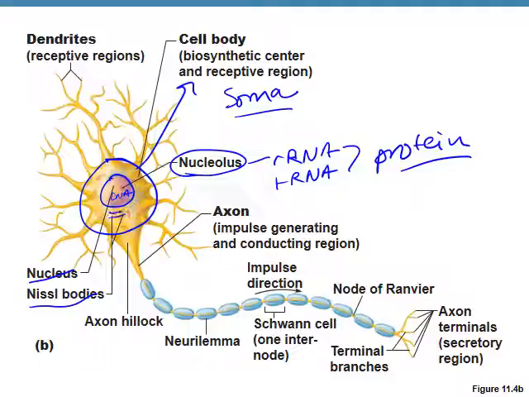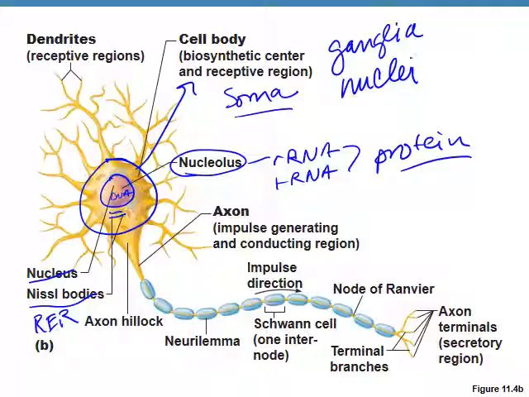The Nissl bodies here, this is really your rough ER. And then we give you some new terms. We say ganglia and nuclei. So what they're saying is if I take a bundle of somas, so I have a soma and a soma and a soma, and I have a bundle of somas, and they're all going to have their little axons coming down, right?